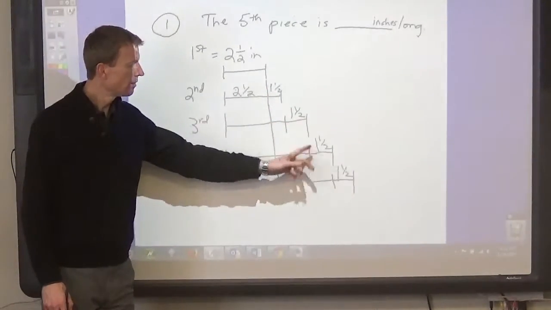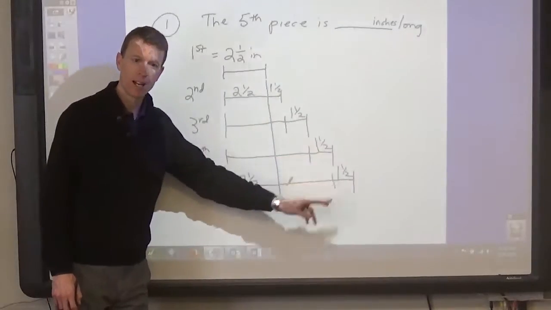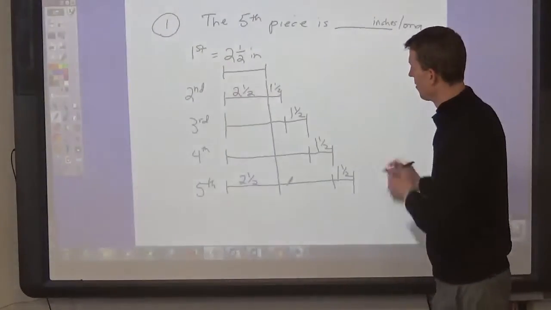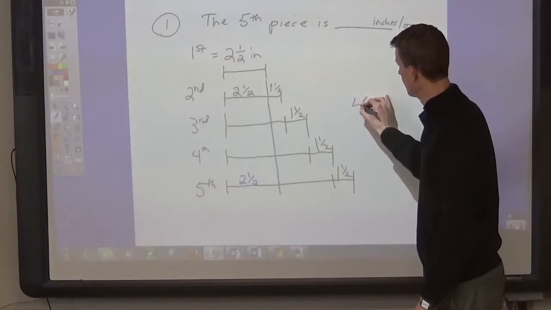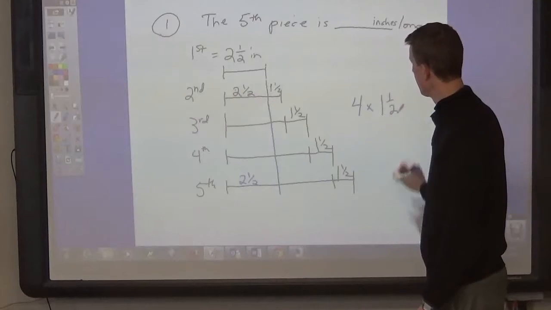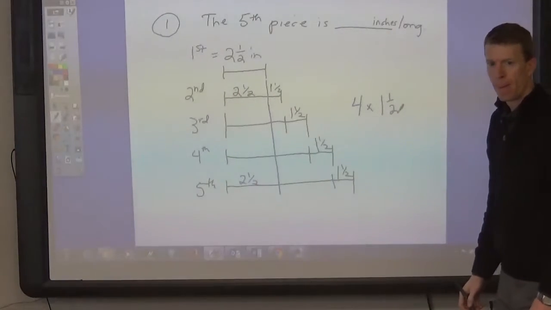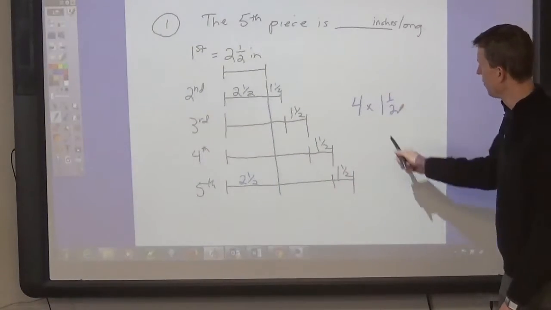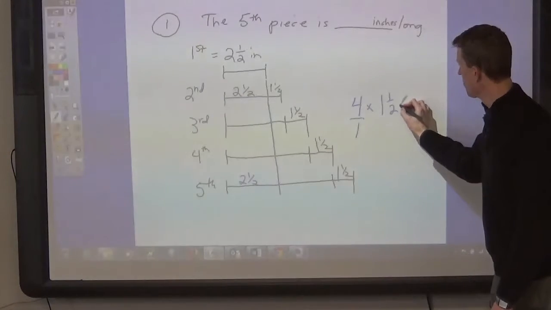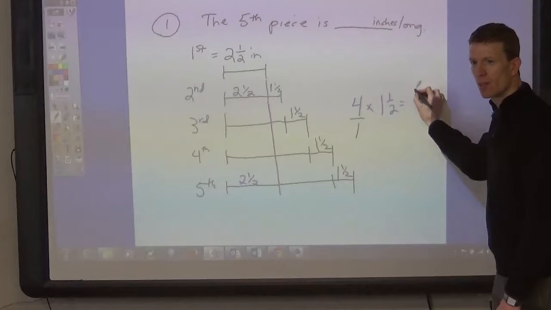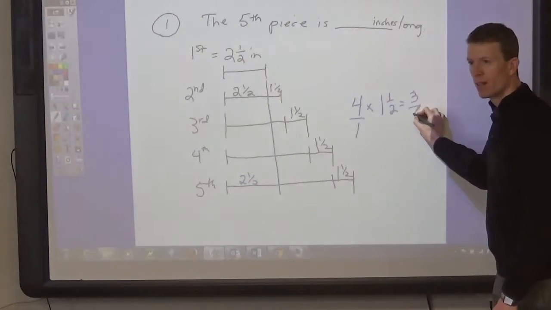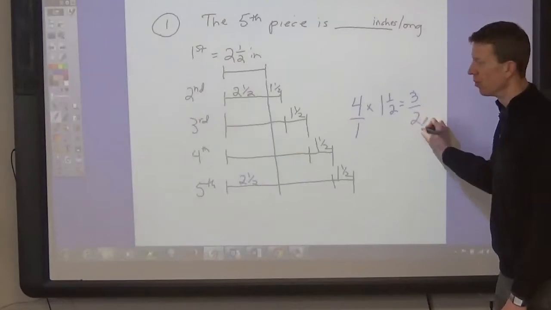So, instead of adding 1.5 4 times, could you use multiplication, Bennett? Yeah, you can do multiplication for 1.5. 4 times 1.5, right? What's 4 times 1.5? So, we do 4 over 1 times what? 3 over 2.